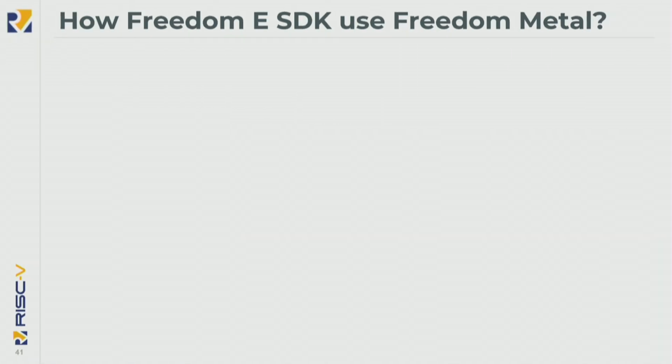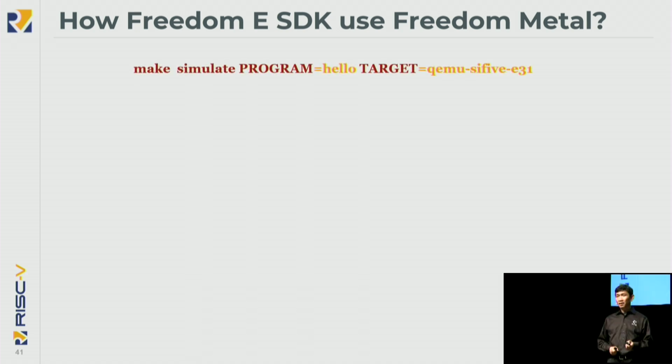So how does Freedom E SDK use Freedom Metal and how does it tie together? Well, remember when you do a make and you specify the target, associated with that target there is a description for that particular target or hardware.